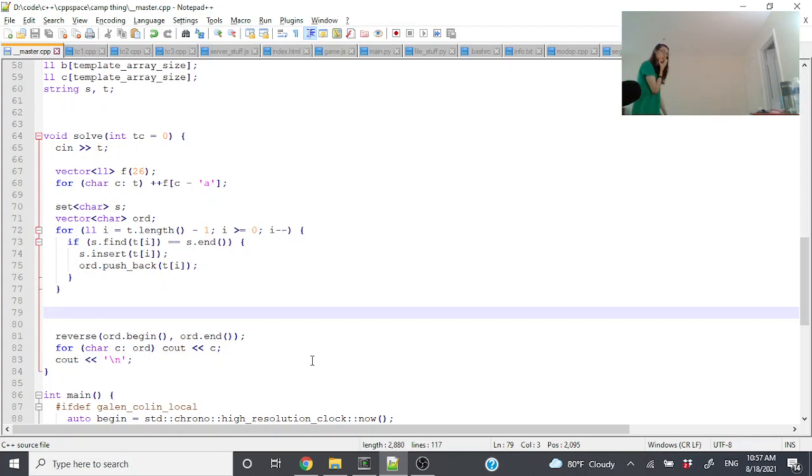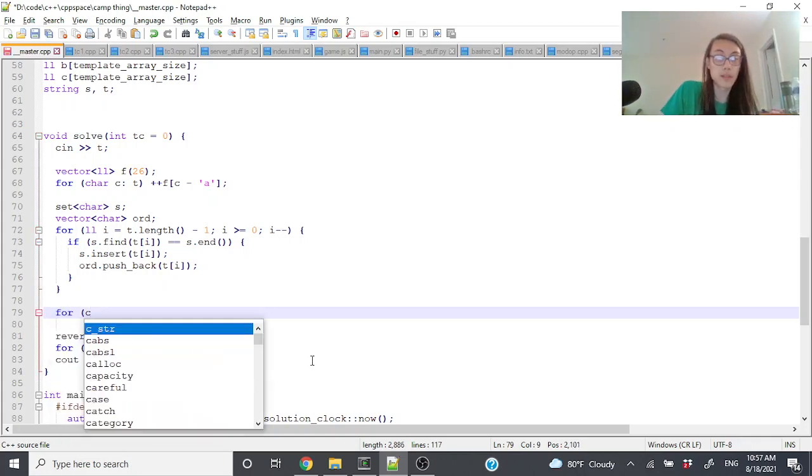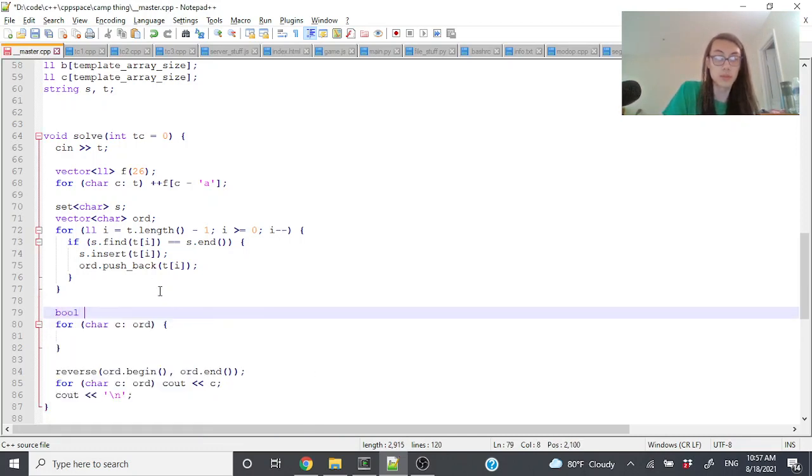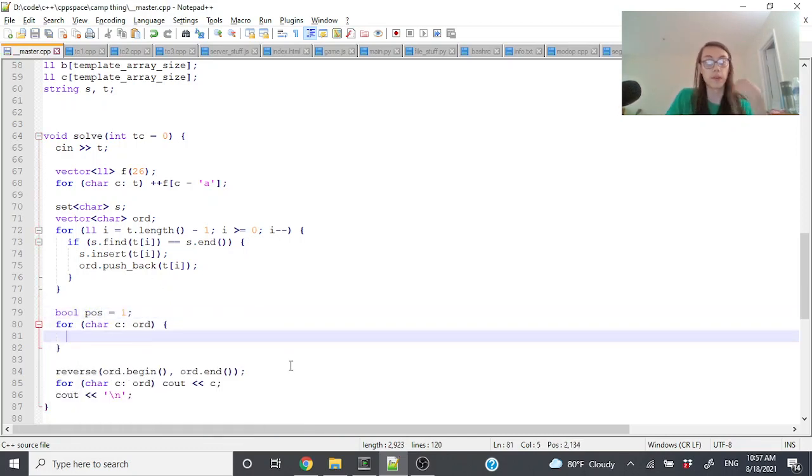Now we do this again. For char c in ord, bool pos equal to 1. Okay, if f[c - 'a'], I think this is easier.